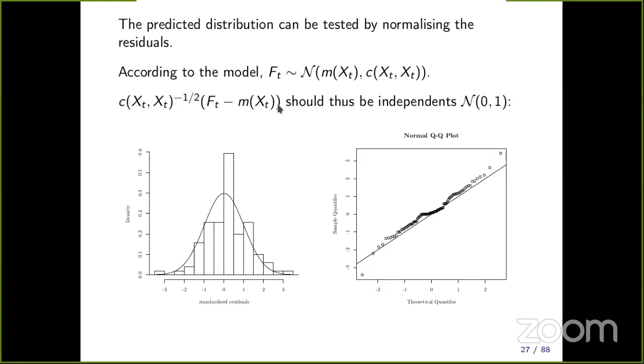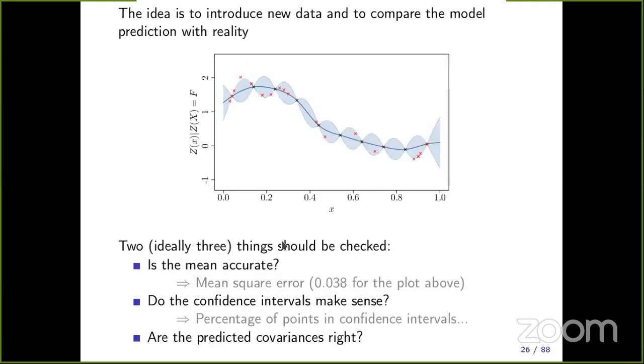So we can check that. We can plot a histogram of this vector and compare it to a standard normal variable and see if this makes sense. If I obtain this type of plot or this type of quantile plot, I'm very happy to proceed with my model. Those are the ones I obtained for this graph.